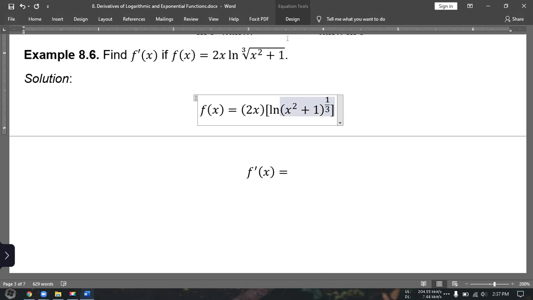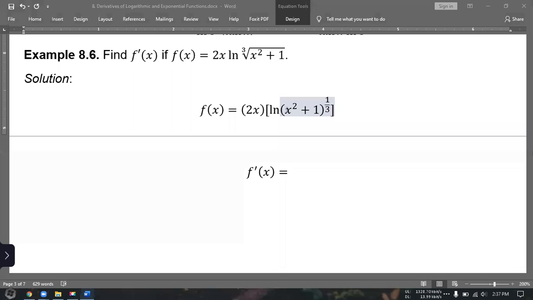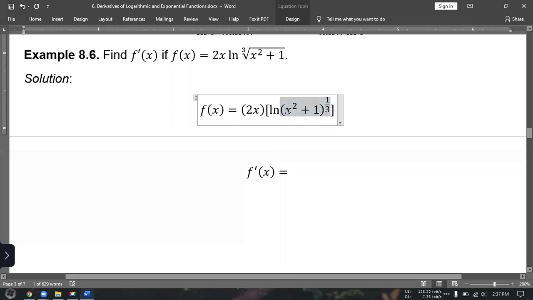At the same time, we have here the expression the quantity x squared plus 1 raised to 1/3. Its derivative will be obtained using the chain rule. So we have two rules, the product rule and the chain rule.